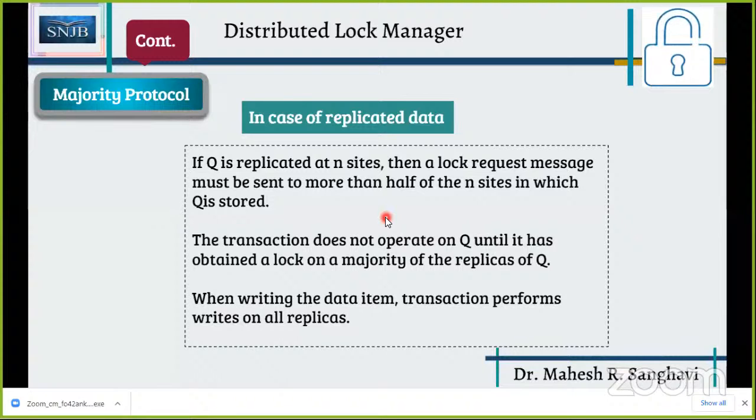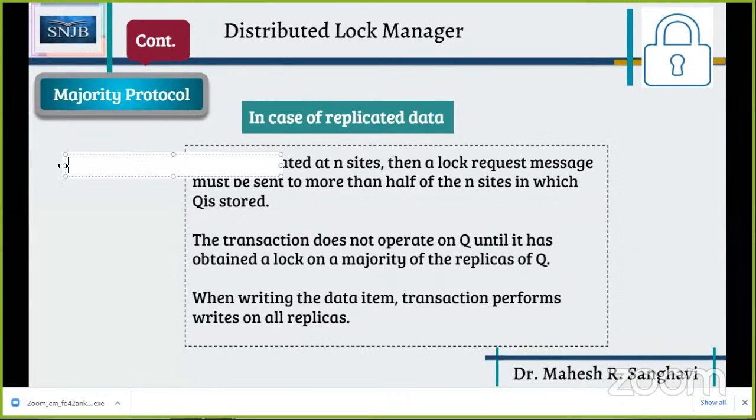I have already told you about this yesterday. What is this n? n is the replica count. If n is 10, it means that data item Q is replicated 10 times at different sites. In that case, we need to send the request to at least 5 sites.